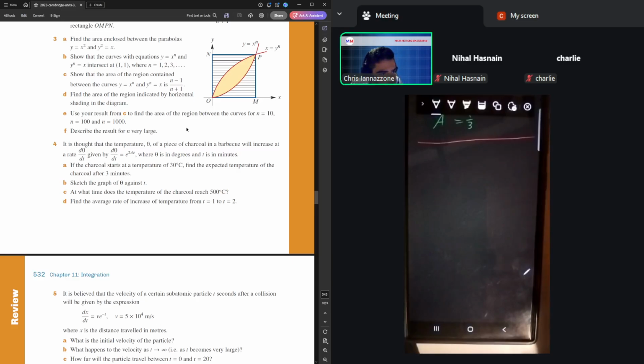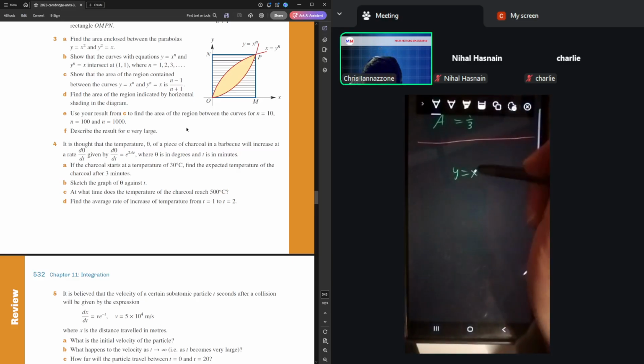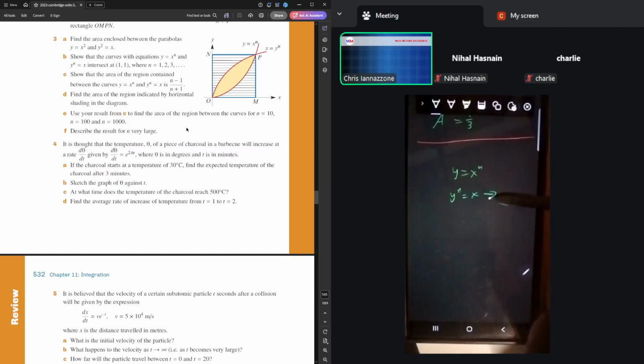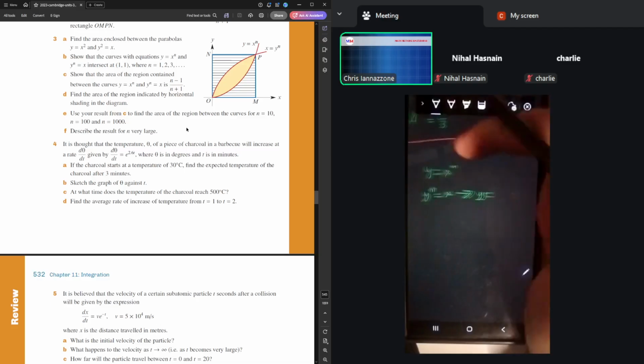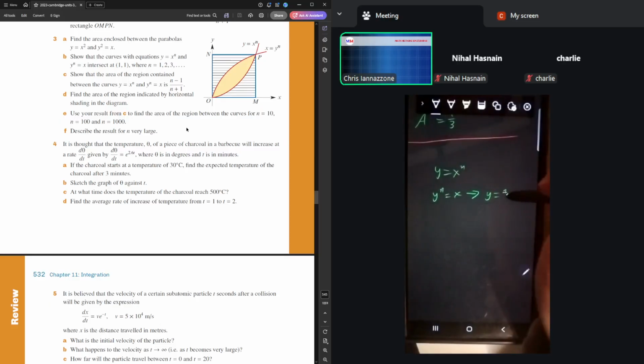So when you have y equals x to the power of n and y to the power of n equals x, or in other words, y equals plus or minus x to the power of 1 on n, when you're comparing these two things, you more or less have two possible outcomes here. Actually, in this case it's 3, because they've included n equals 1.